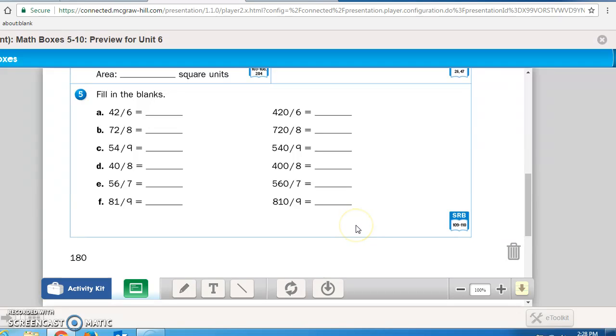The next one, number 5, is asking you to divide 42 divided by 6. Notice how at first, because we're just learning a little bit about division now, you always place the larger number first, and then you divide it by the smaller number.